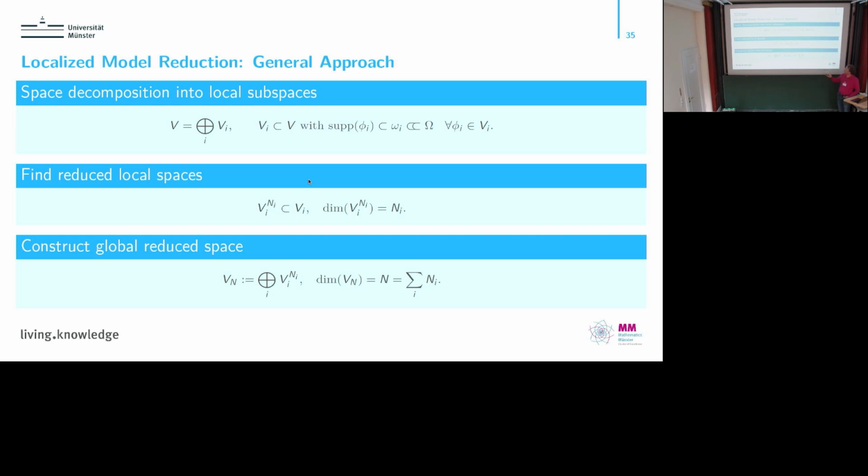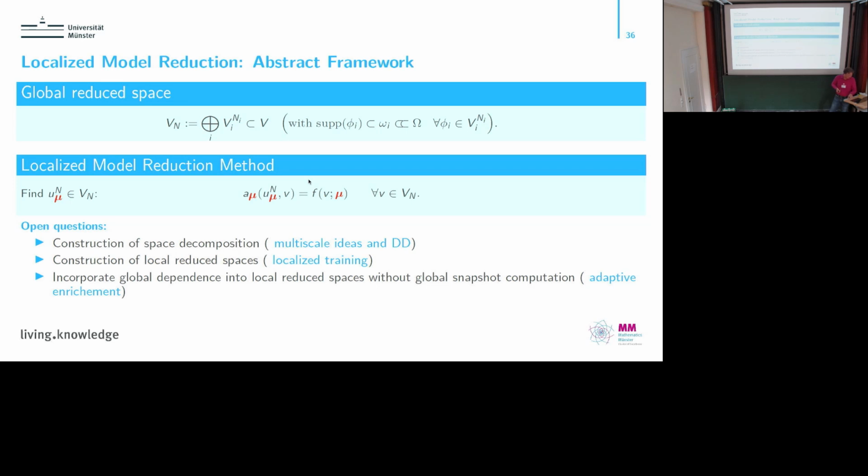And depending on how you choose this decomposition in the spaces, you can insert most of the known multiscale methods into such a framework. And of course, if you have then constructed this reduced space, then just by projection you get your reduced multiscale model. So this always depends on how you do this space decomposition, and this is mostly using multiscale and domain decomposition ideas. And there is the question of how to construct reduced spaces, what we call localized training.